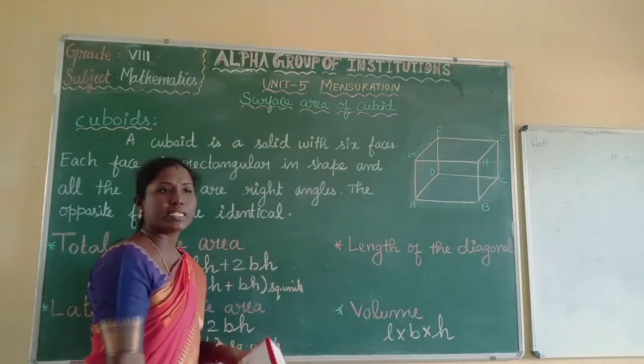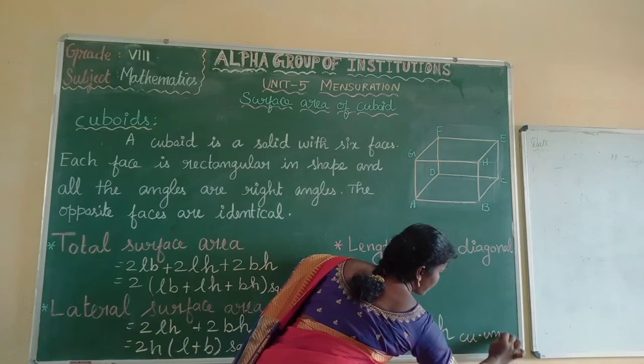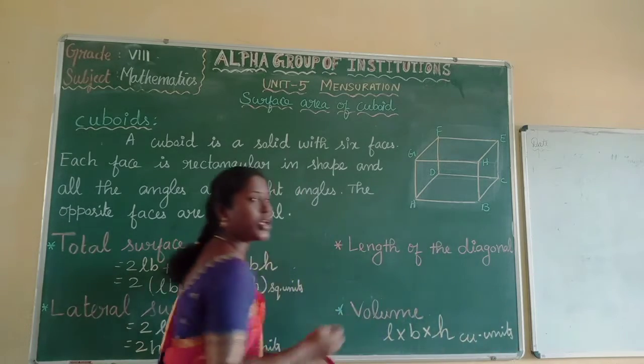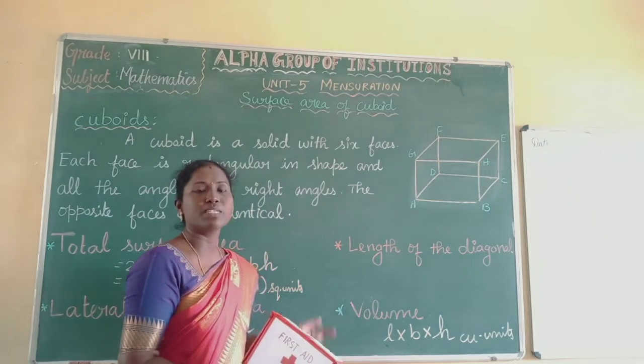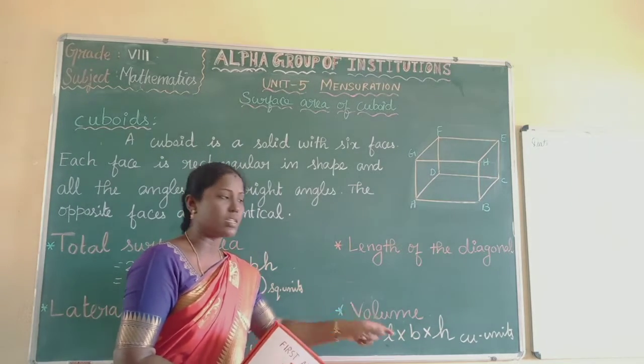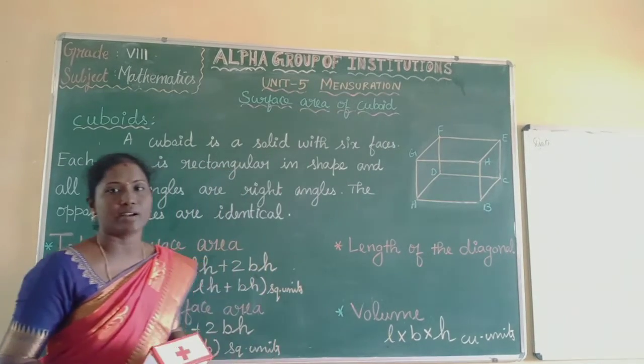So the volume of the cuboid is given as length into breadth into height cubic units. Why cubic units? Because we are multiplying the measure 3 times. If you are taking centimeter, it is centimeter into centimeter, centimeter square into centimeter, so cubic units will come. So we are taking the cubic units here.